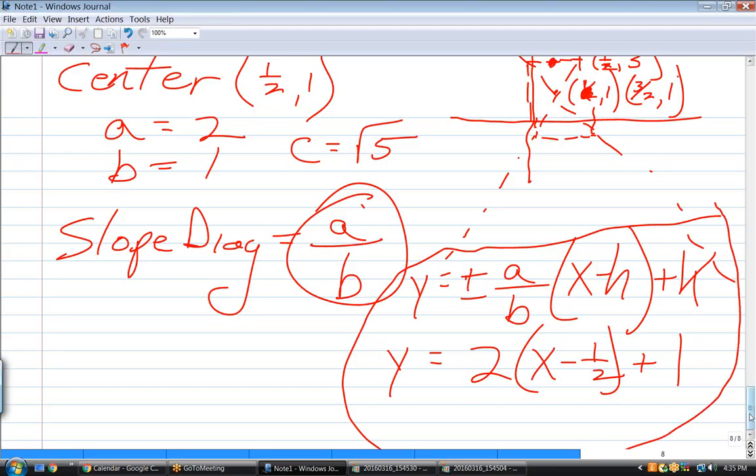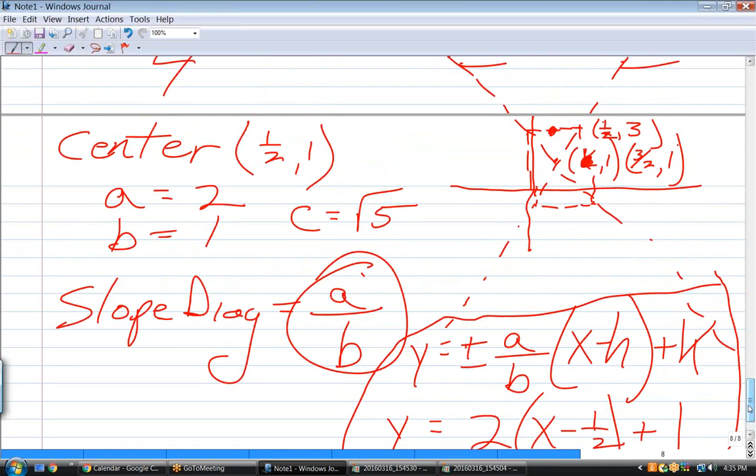Notice that it's not that easy to figure out otherwise. I can figure out the slope really easily. But figuring out the rest of it, the x minus h plus k, you have to incorporate that. If the center were at 0, 0, then the equation of that line would be a over b times x. Y equals mx plus b. Well, different b, but I think you understand what I mean. All right.